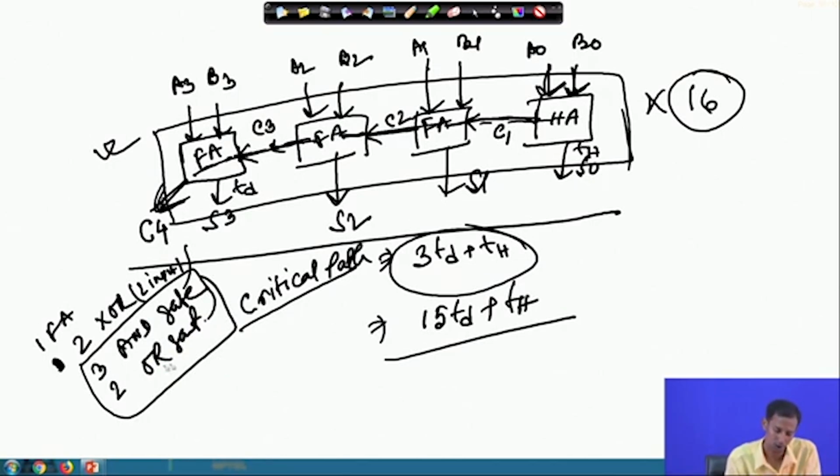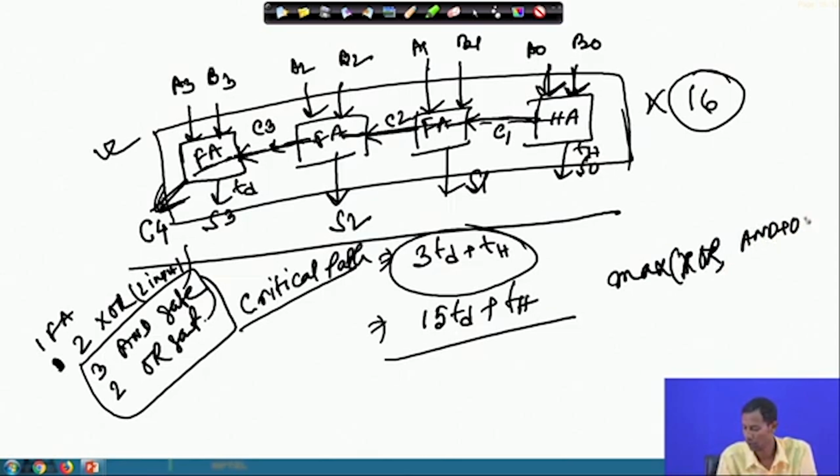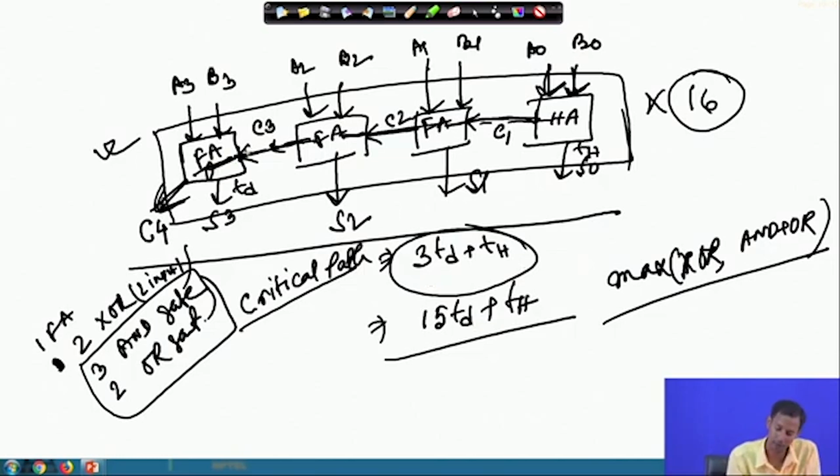So, the maximum of the XOR gate delay or the AND plus OR gate delay will be the delay for one particular full adder cell.